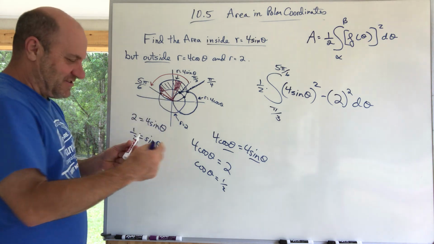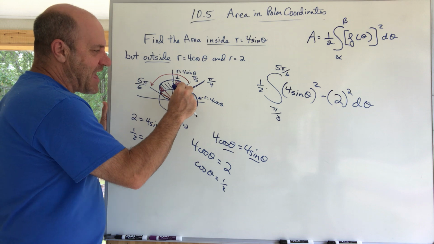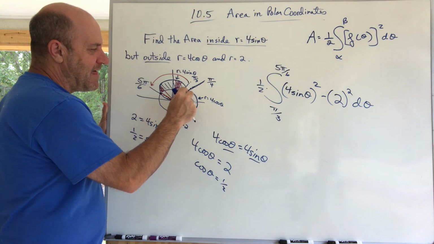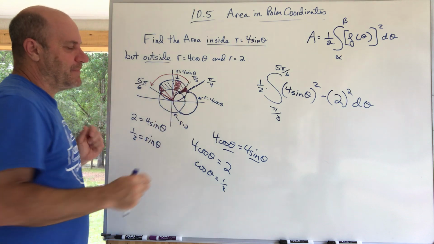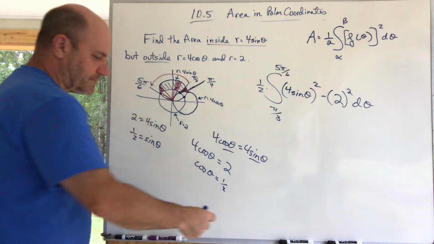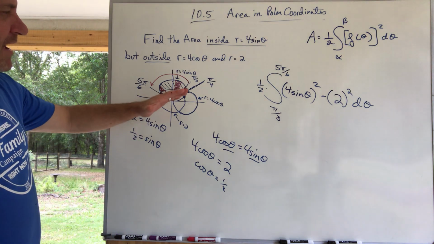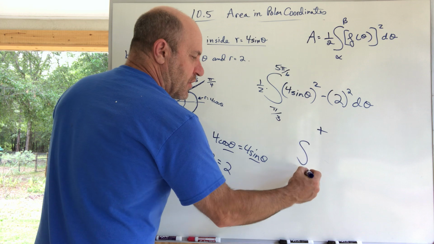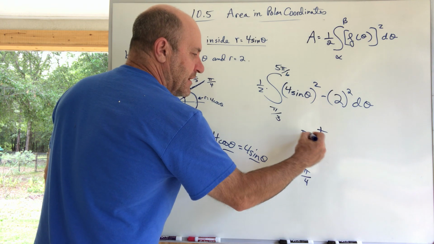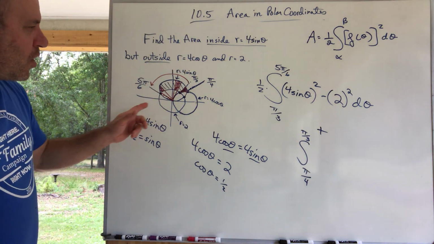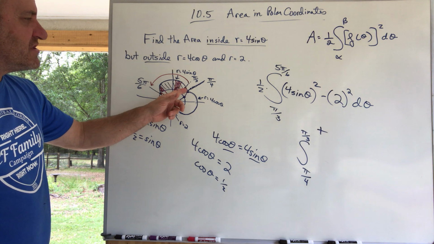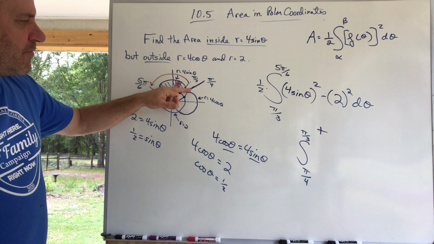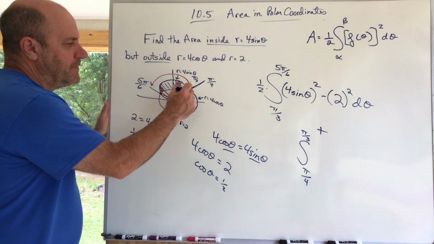Now, I really should zoom this in because there's some I haven't got yet. There's this little bit of area right here. I need to get that. I could probably go from pi over 4 to pi over 3, so I need to add to this. I go out there and hit this function, 4 sine theta, from pi over 4 to pi over 3.